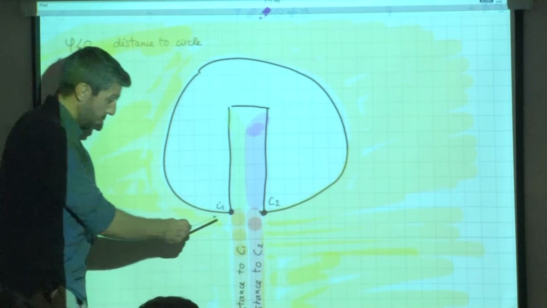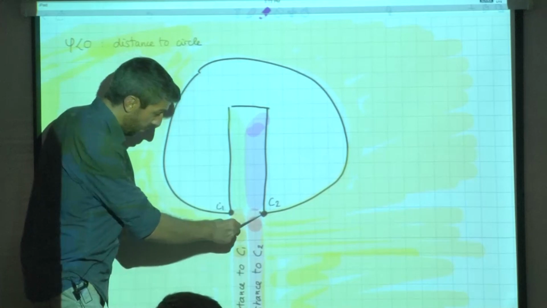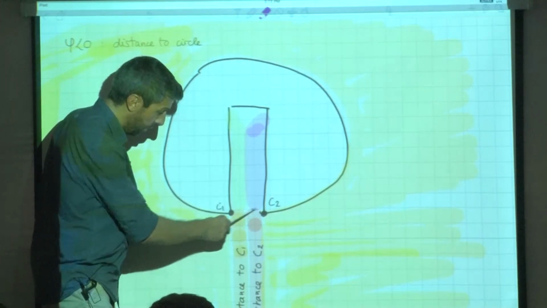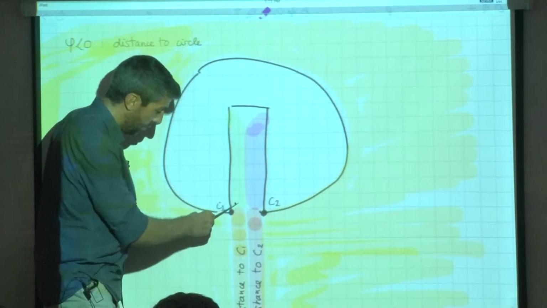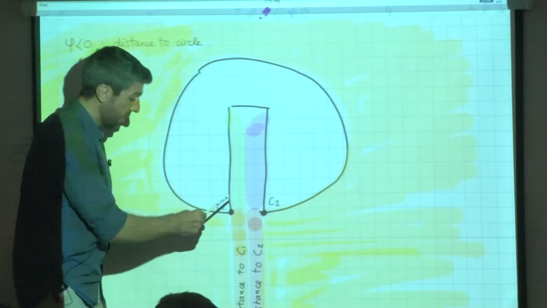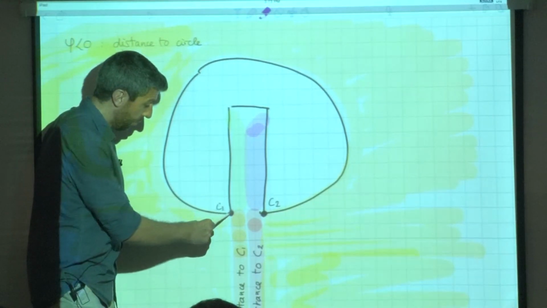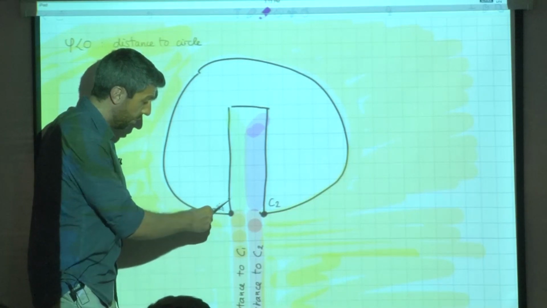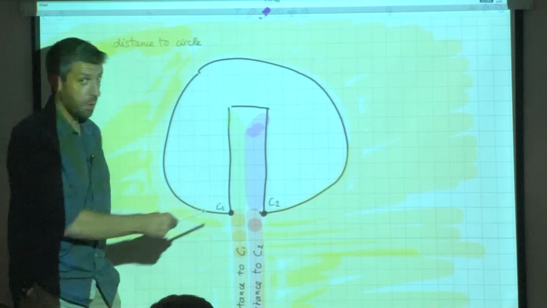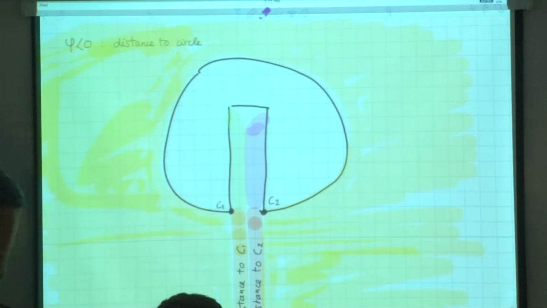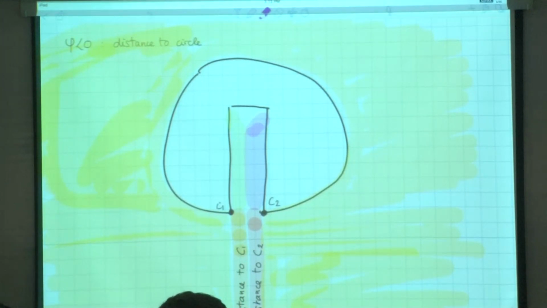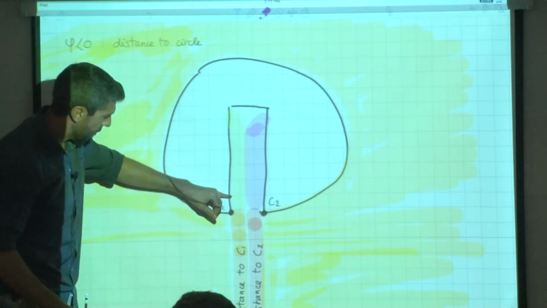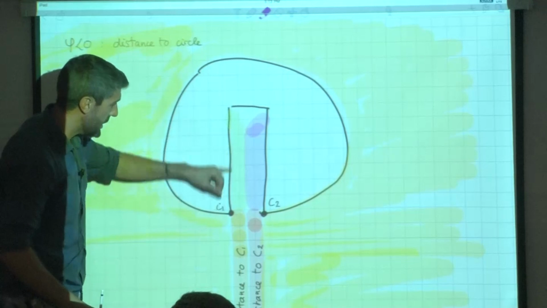Because as soon as I move above the line here that links C1 and C2, suddenly my distance changes. It might be the distance to C1 or the distance to that plane. No, what am I saying? No, this is necessarily the distance to that line here.